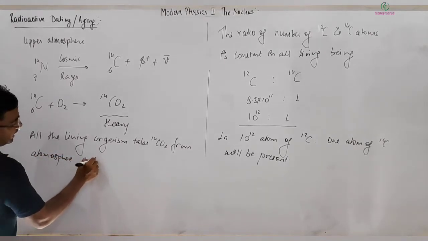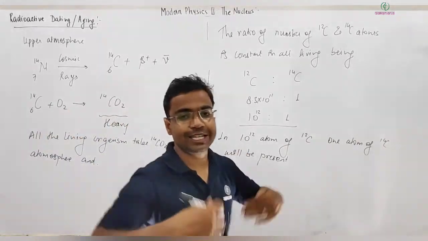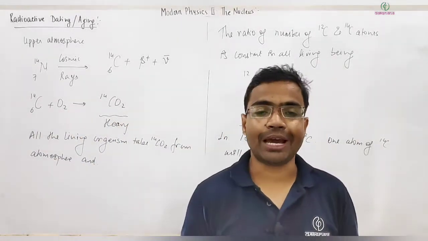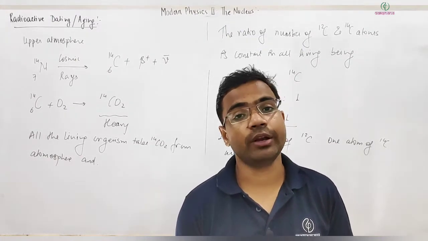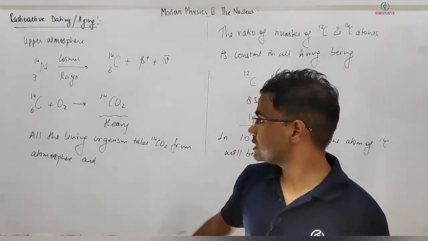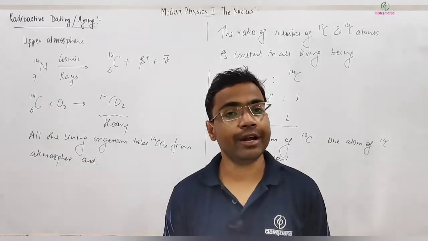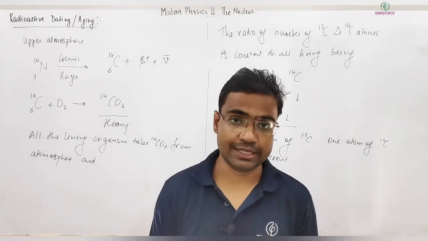And if we are continuously taking it in, what will happen? Ideally the number of carbon 14 atoms in the body of living organisms and plants must increase. But because carbon 14 is also a radioactive substance, it keeps on continuously decaying simultaneously, right?